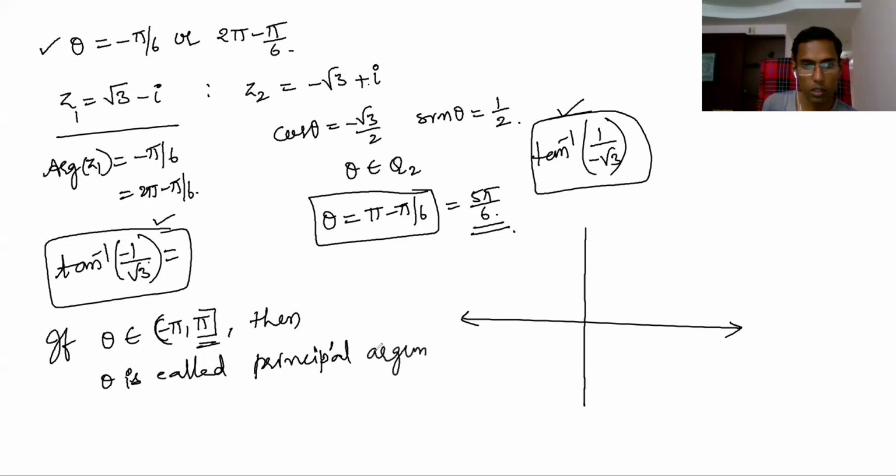Understand? Actually here theta is 0 to pi. If it is on the negative x-axis, it's pi. Positive x-axis means it's 0.